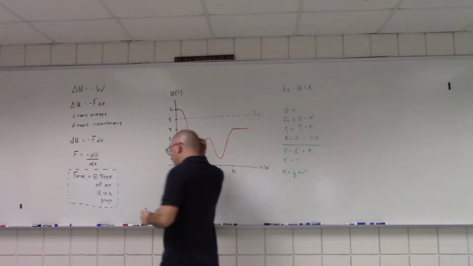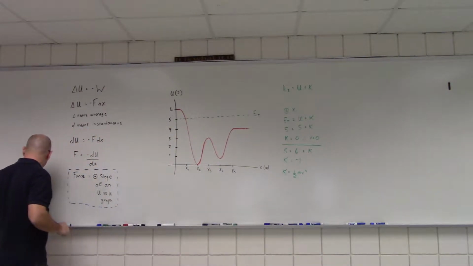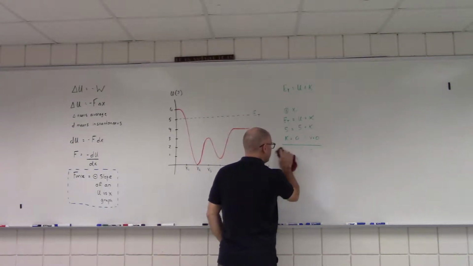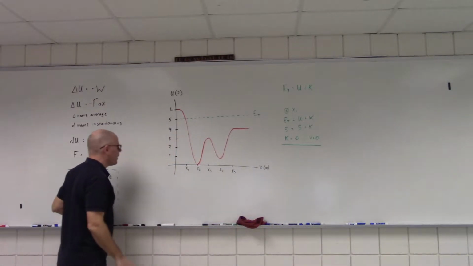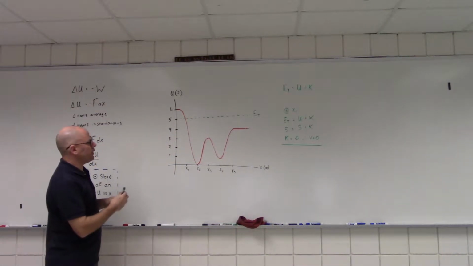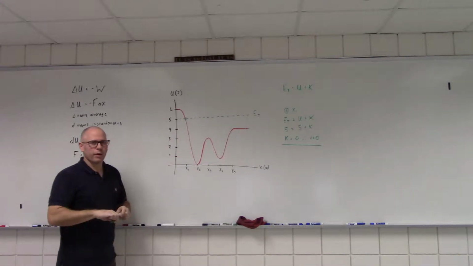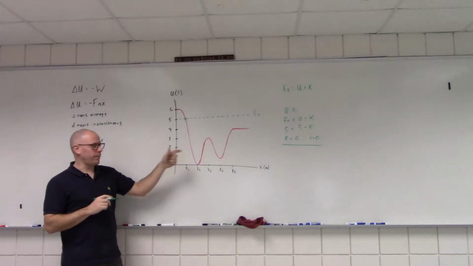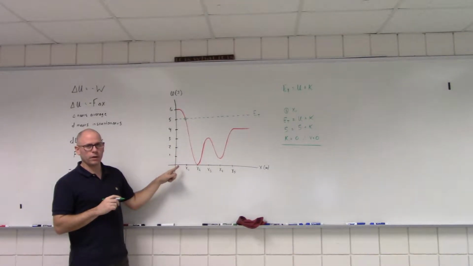What this also means is something else that's important. Given this point right here, if our object was moving to the left, what would happen is it moved from x2 to x1.